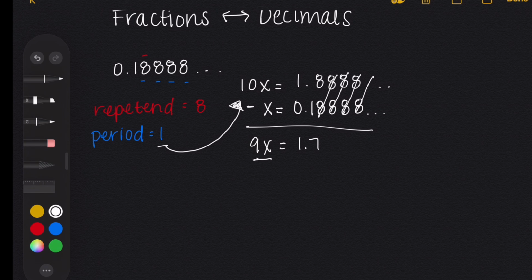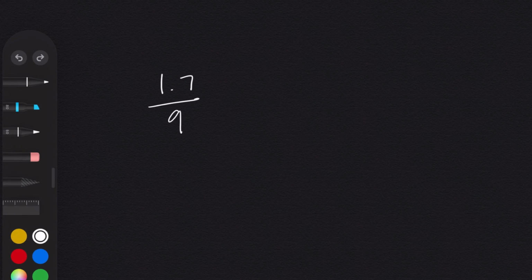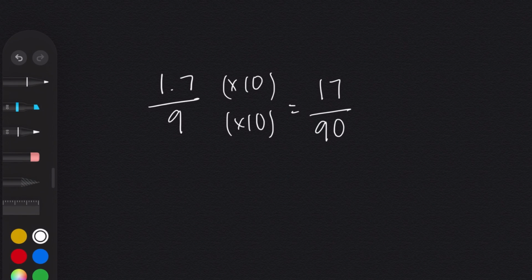Now we would divide both sides by 9, and we would get x equals 8 over 9. Now this is wrong because we cannot have a decimal place in the numerator place. So we would then multiply by 10, both top and bottom, and we would get 17 over 90 as our final answer.